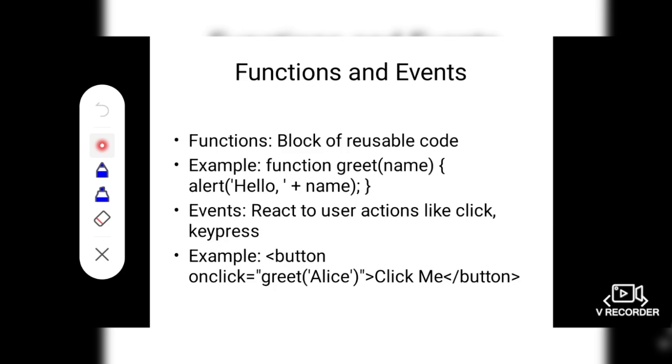Functions and events. Functions, you all have heard of in every computer language. Same thing here also: a function is a reusable block of code that performs a specific task. This is the same definition you learn in any language. In JavaScript the syntax changes for every language.